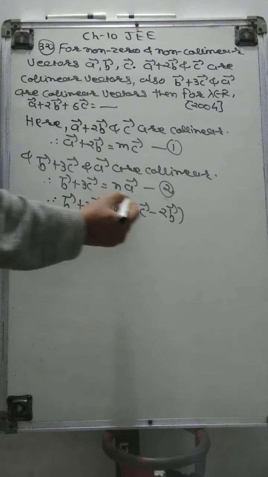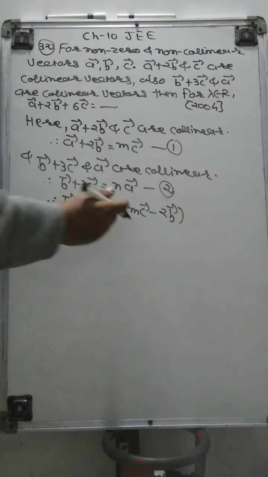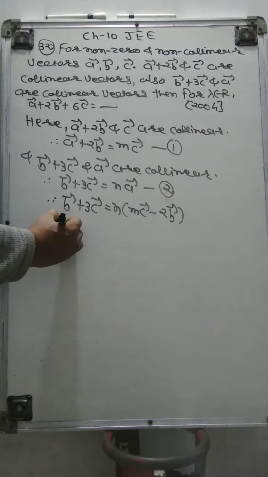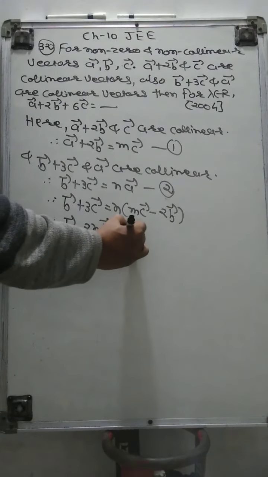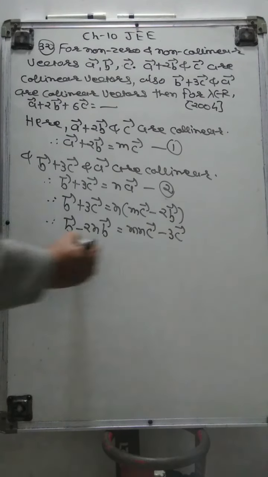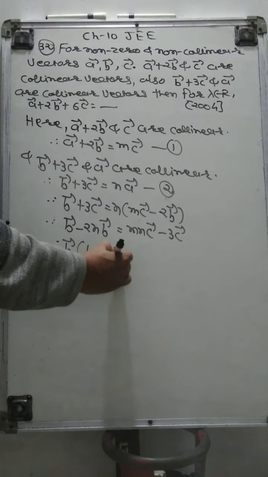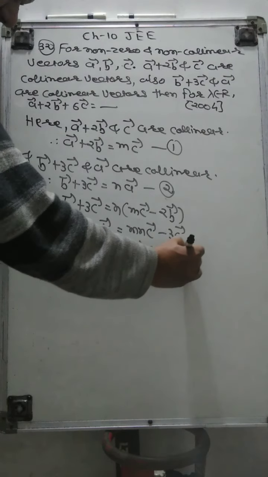And therefore, taking the terms with b together and with c together, b bar minus 2n b bar is equal to mn c bar minus 3c bar. It means b bar bracket 1 minus 2n equals c bar bracket mn minus 3, right?